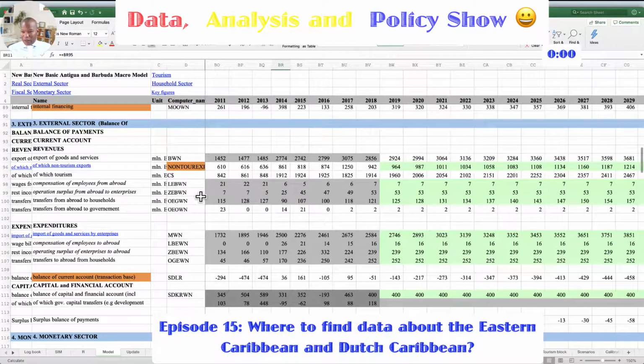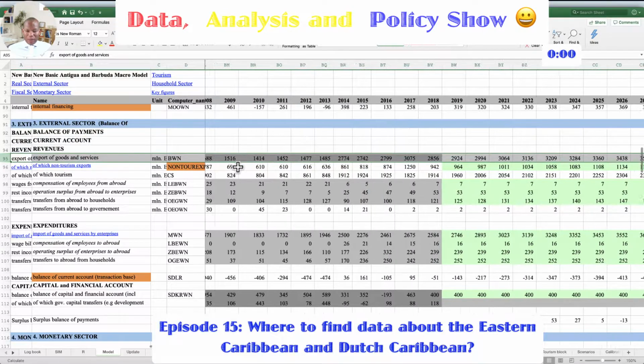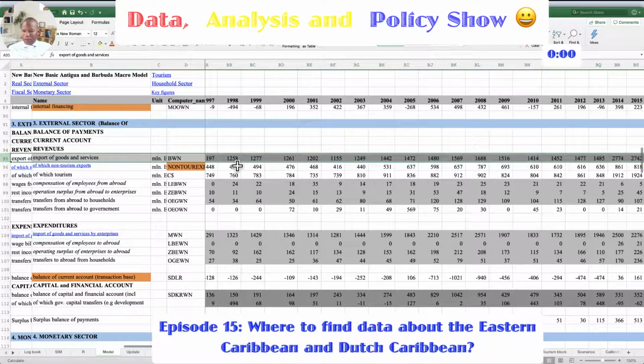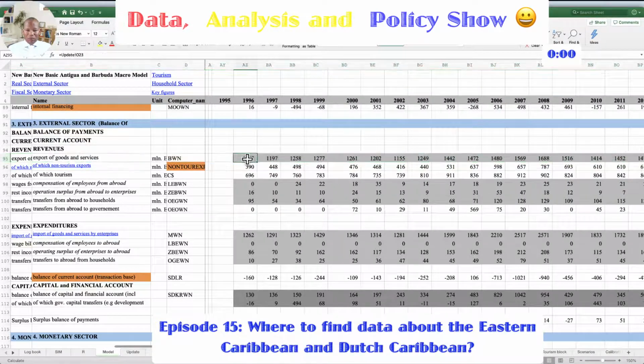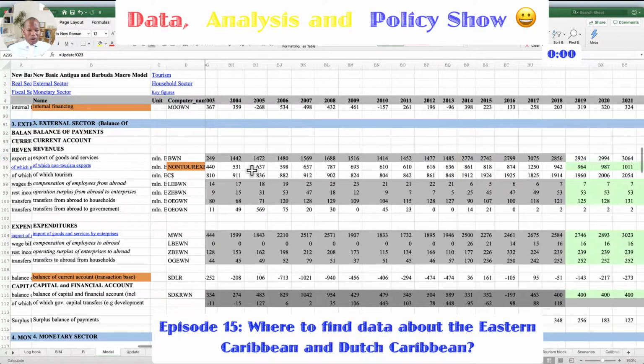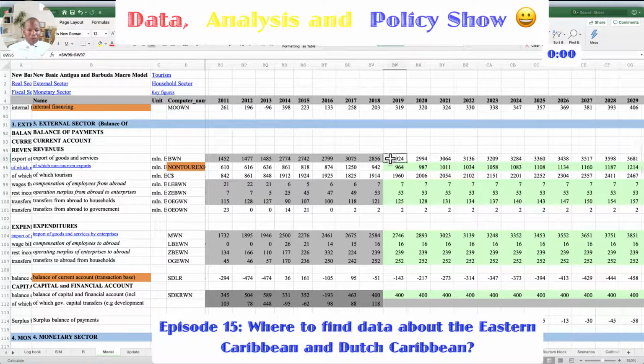Now look at the export potential of Antigua and Barbuda. They have been exporting goods and services 1.1 billion in 1996, and it has grown to pretty much 2.9 billion.